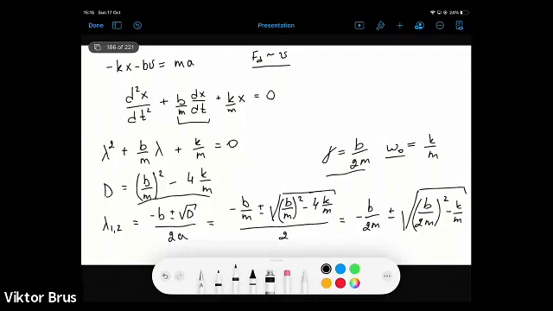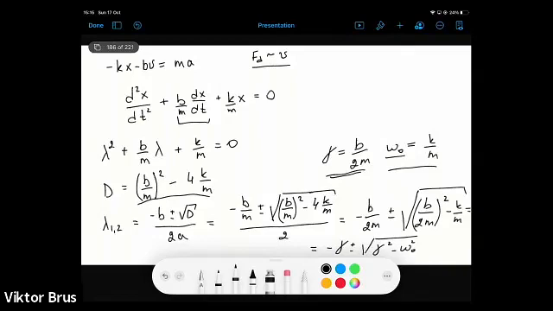So now we can rewrite our solutions for lambda 1 and 2, taking into account these substitutions. That will be equal to minus gamma plus minus the square root of gamma square minus omega 0 square.